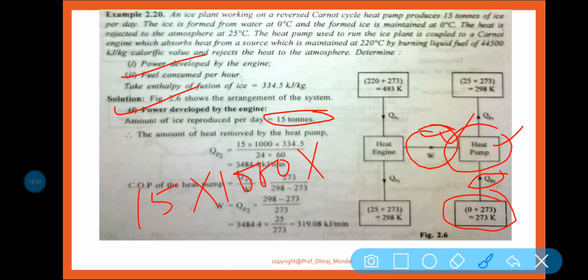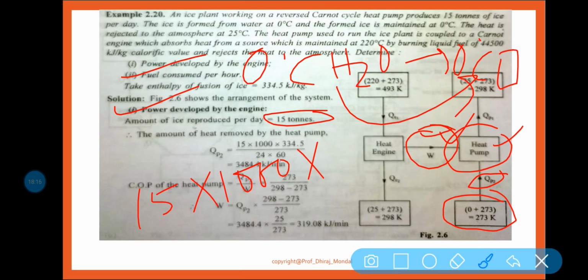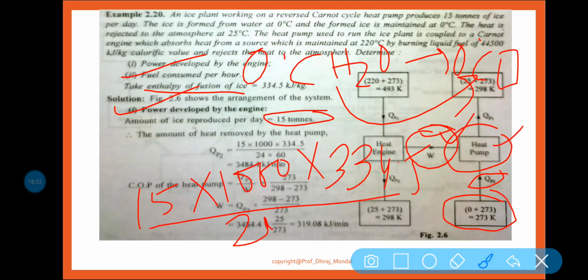You know that from one phase to another, 0 degree centigrade water to 0 degree centigrade ice, if you want to convert it, then you have to extract latent heat. You know that the enthalpy of fusion of ice is equal to 334.5 kilojoule per kg, this is the latent heat, by 24 hours.